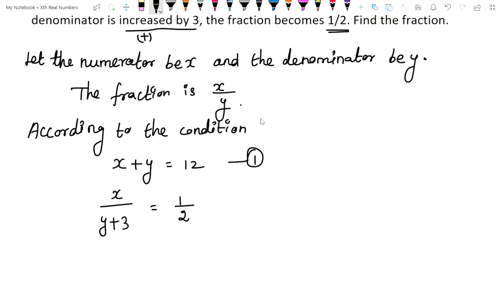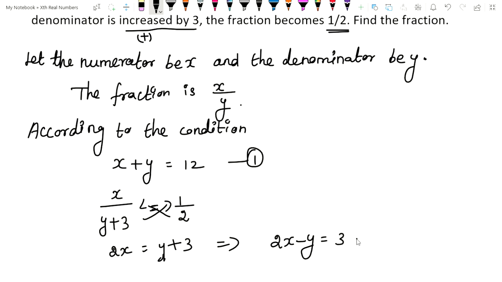The fraction becomes 1 by 2. Now you cross multiply this. 2x equal to 1 into y plus 3. What you will get? y plus 3. Implies 2x minus y equal to 3. This is second equation. Okay.